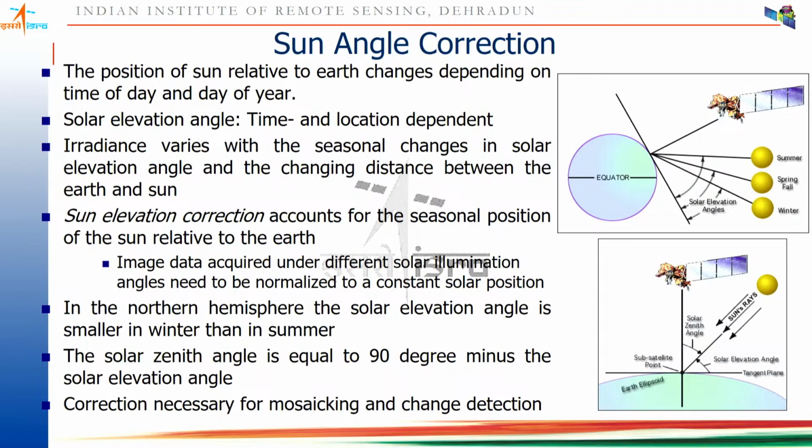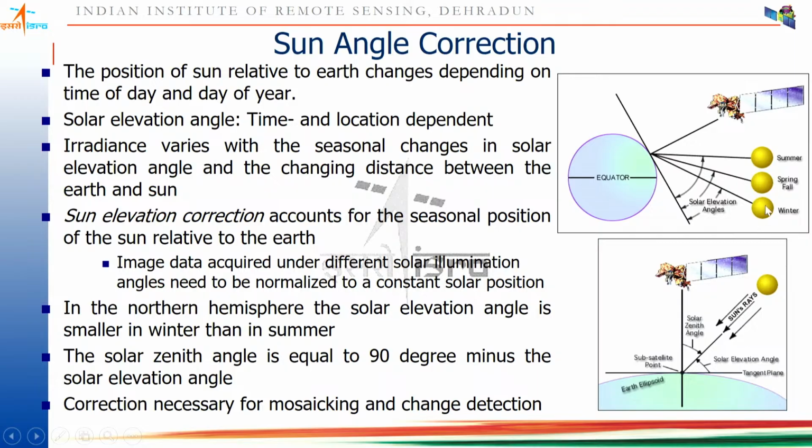It is also location dependent, at which latitude and longitude you are looking at the sun. So the amount of energy coming from the sun to the earth, that means irradiance, varies. It is different due to seasonal changes in the solar elevation angles.